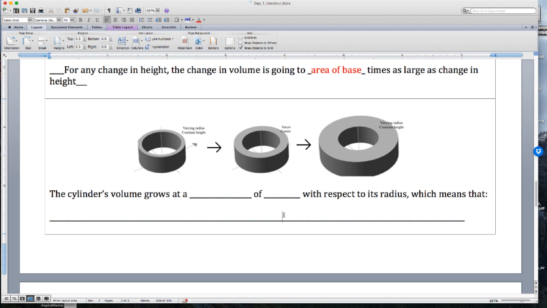It's always changing. Instead of just up and down, like here's my cylinder. You're going to have to be creative. Draw pictures for yourself. You have to discover something that we have not yet told you.